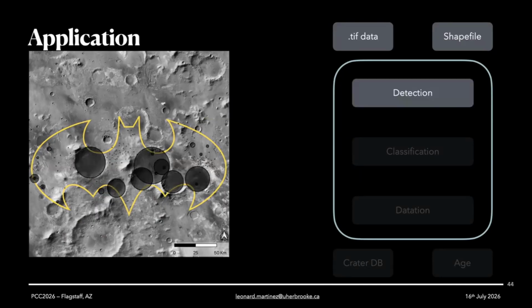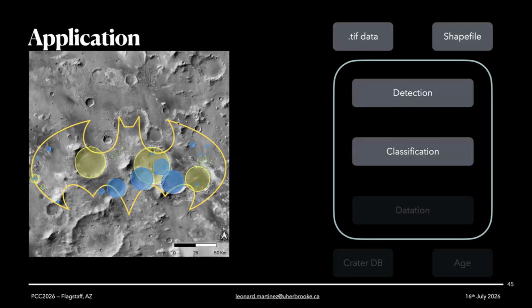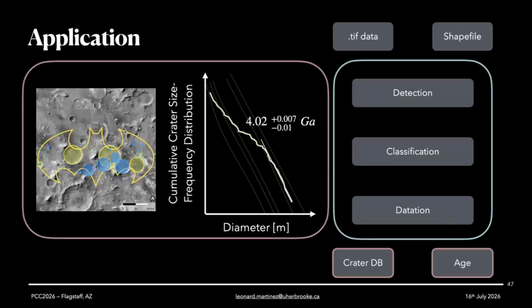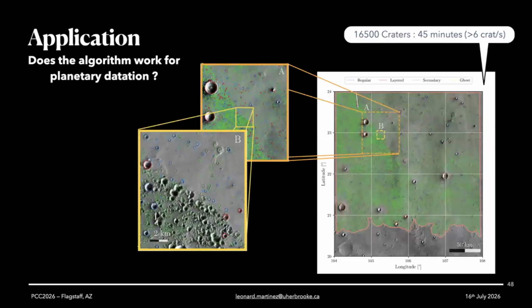Then our pipeline does the detection and classification of the craters and removes the secondary and ghost craters. It then uses the OpenCraterTool pipeline made by the team of Freie Universität Berlin to make the dating on the crater database, and it provides you a crater database of your region and the nature of the surface.